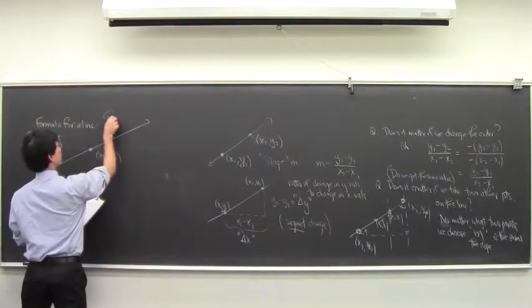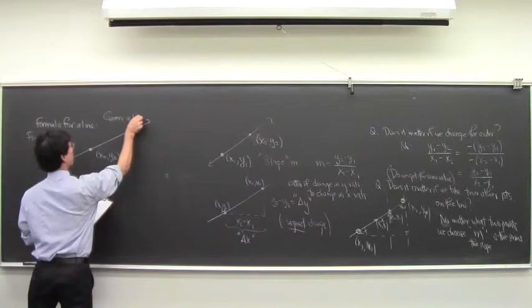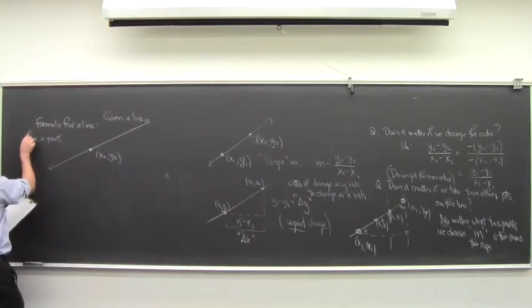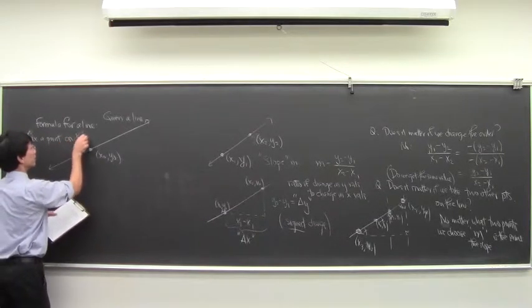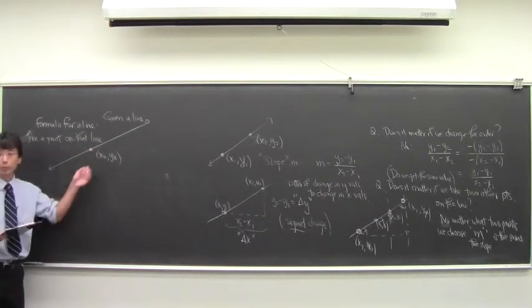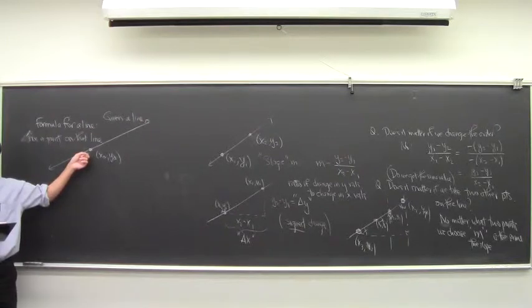So given a line, choose a point on that line. Let's call it x0, y0.